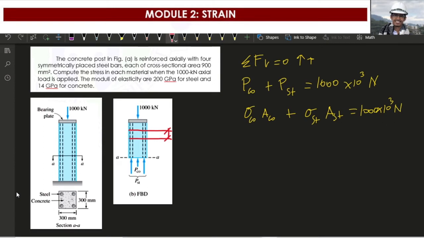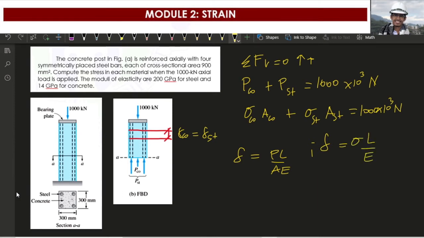So for compatibility, yung deformation ng concrete is equal sa deformation ng steel. Tama? And sabi natin deformation is equal to PL over AE, no? And yung P over A natin, that is also equal to stress. Tama? So, deformation is equal to stress times L over E.